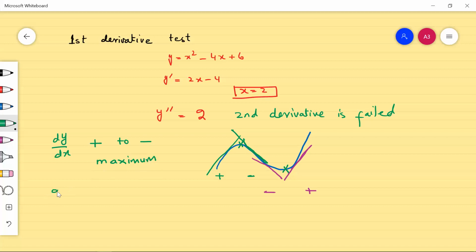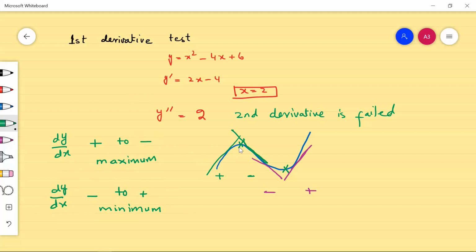And if dy over dx goes from negative to positive, the point will be a minimum. Just remember these two things. I say again, you have to check the sign of the derivative, the slope, not the function.